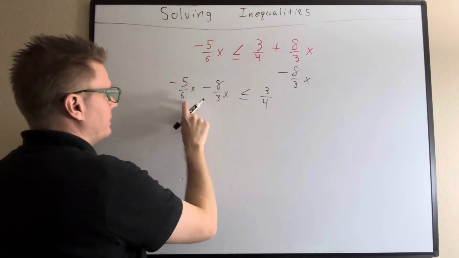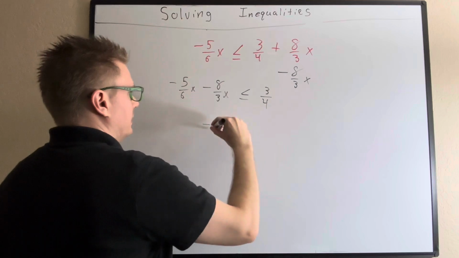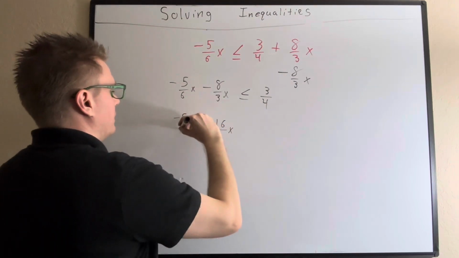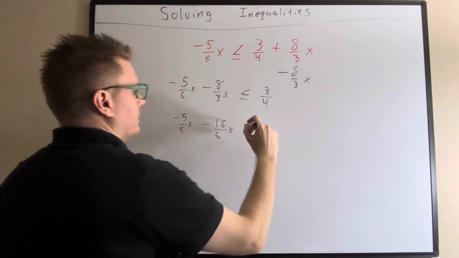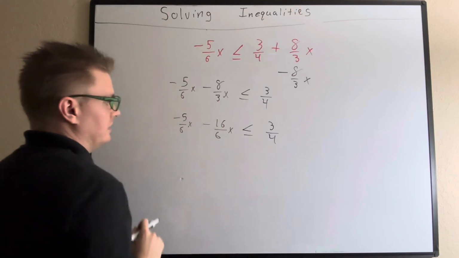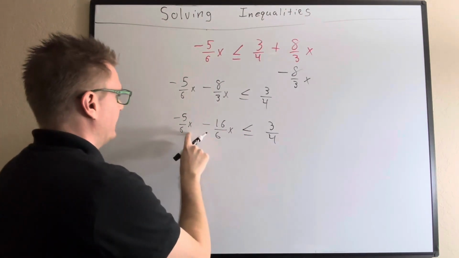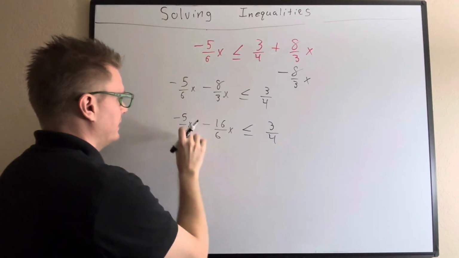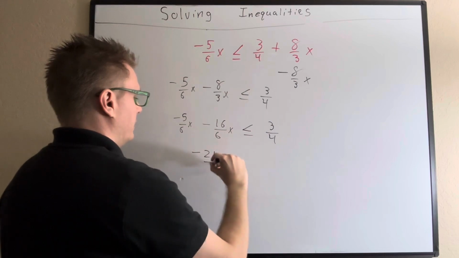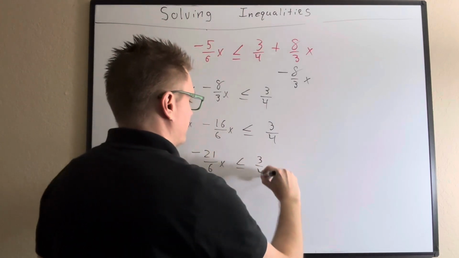What do we multiply by 3 to get 6? Multiply by 2, so we multiply 8 by 2. We get negative 16/6 x. It's the same number, just expressed in different denominators. Negative 5 minus 16, now we can focus on the numerators, is negative 21/6 x less than or equal to 3/4.